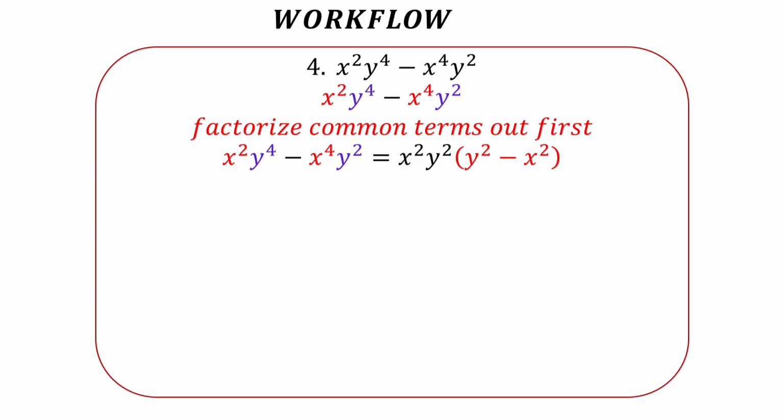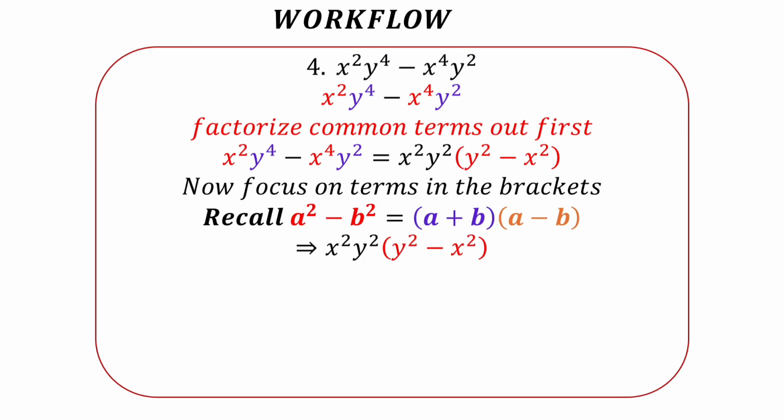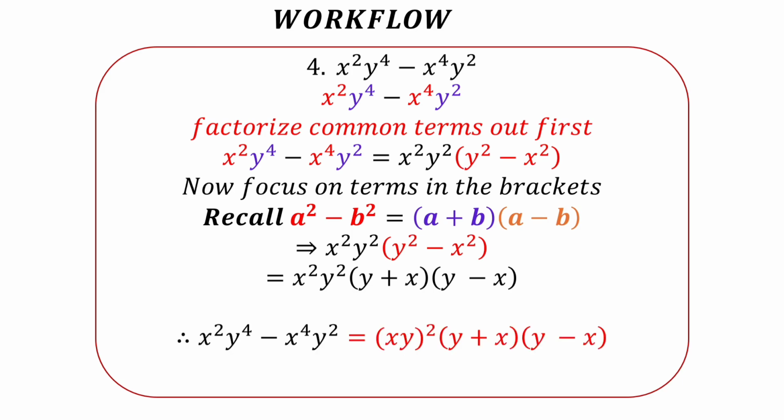So we can factorize x squared y squared from both terms, and that will give us y squared minus x squared in this bracket, and that is a difference of two squares. Pretty simple to use the principle of difference of two squares to factorize that one. So we recall our formula, and we can rewrite y squared minus x squared as y plus x, y minus x in separate brackets, and that will be our final answer.